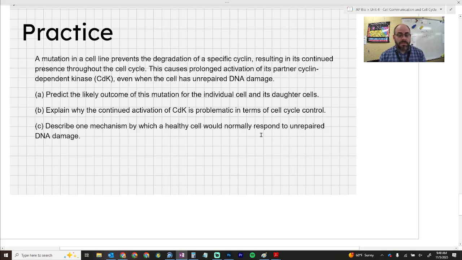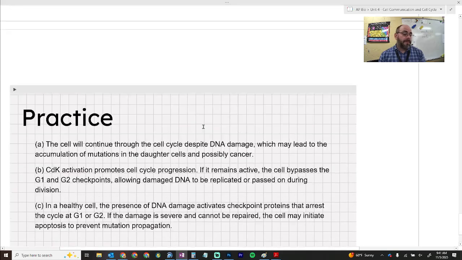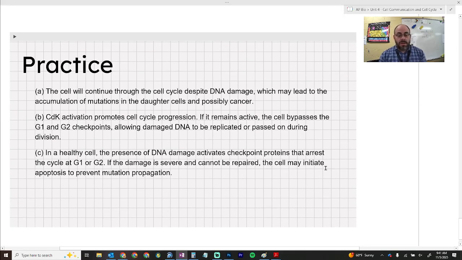Describe one mechanism by which a healthy cell would normally respond to unrepaired DNA damage. That cell would go through apoptosis, which is called programmed cell death. This was not a difficult FRQ. In a healthy cell, the presence of DNA damage activates checkpoint proteins that arrest the cell, or it could go into G0, or it could initiate apoptosis. Any of those things would be correct.